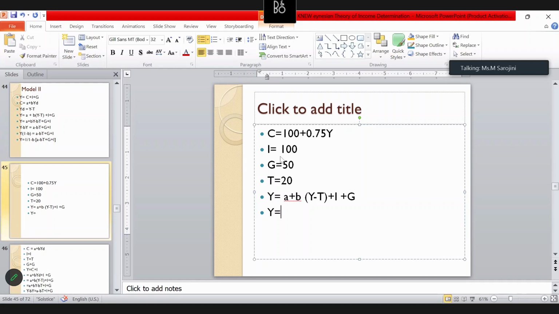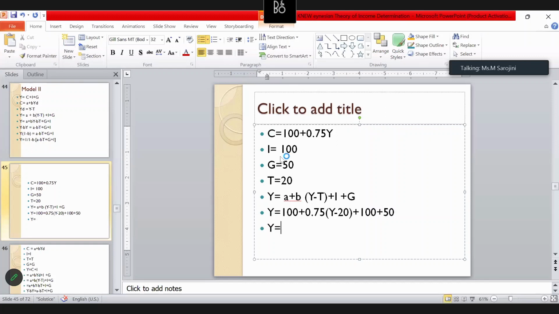Y is equal to 100 plus 0.75 times (Y minus 20) plus I of 100 plus G of 50.